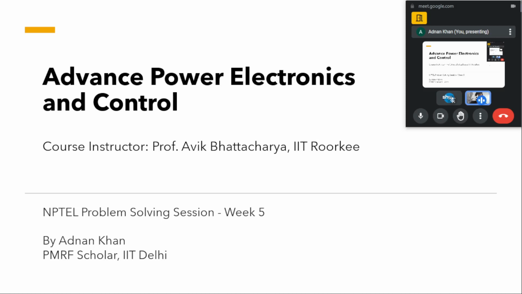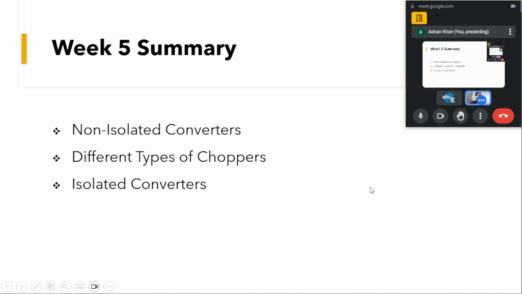For today's session, I'll be briefly going through what was taught this week: non-isolated DC-DC converters, and then the different types of choppers and isolated converters.